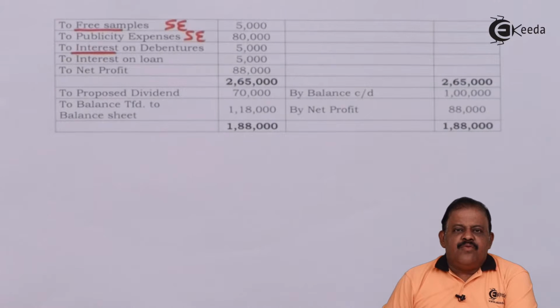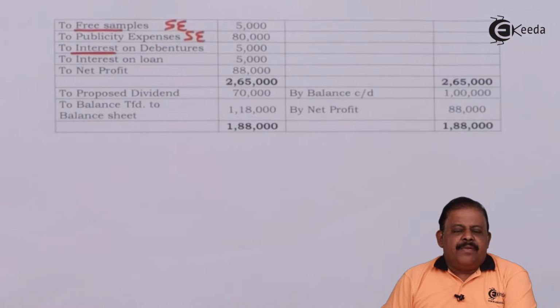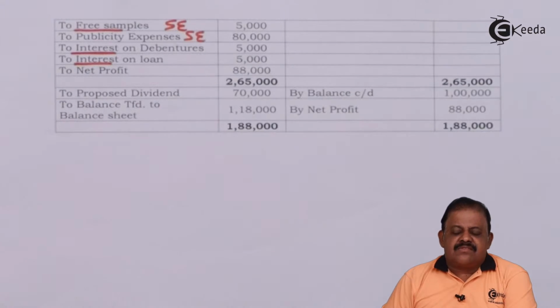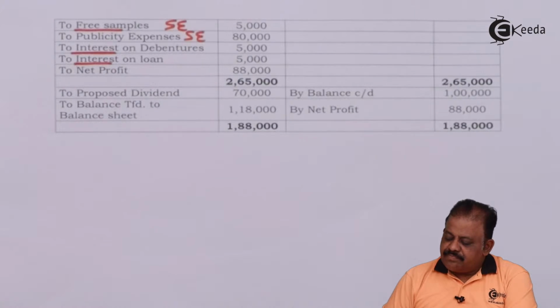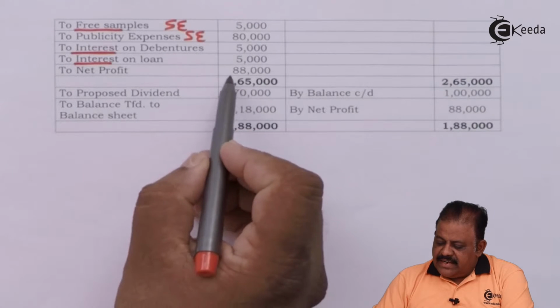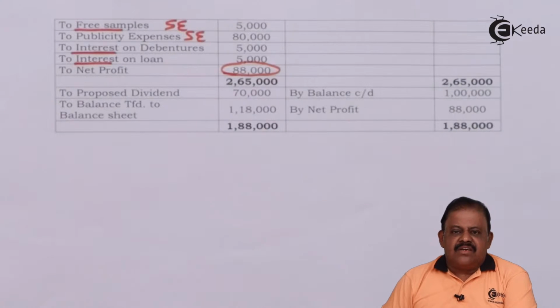Operating profit before interest. From that we are required to deduct this interest to arrive at operating profit after interest. Interest on loan, this is a similar item of interest. Net profit, it is 88,000. This is a balancing figure.